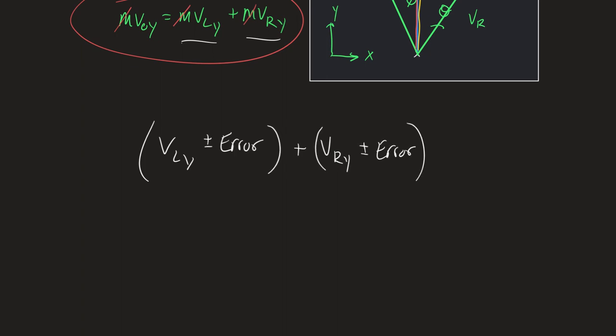And you want to see if that equals V naught in the y direction plus or minus its error. So it's pretty straightforward what I want you to do. I will see 3 of these based on your measurements, one for each of the 3 different trials that you did.